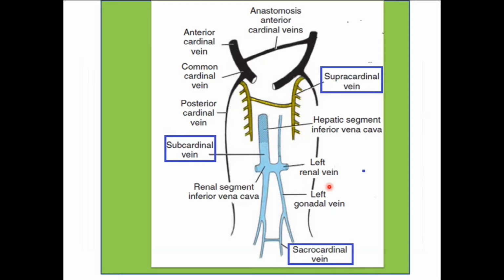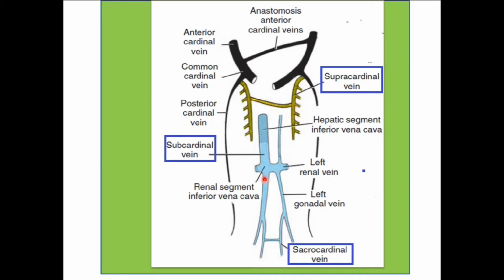So you can see, apart from the common cardinal, anterior and the posterior cardinal, we have one system which is called the subcardinal, having two veins and anastomosing channel. You will see in all the systems, this is one common thing, that you have right and left pair of veins and an anastomosing channel.